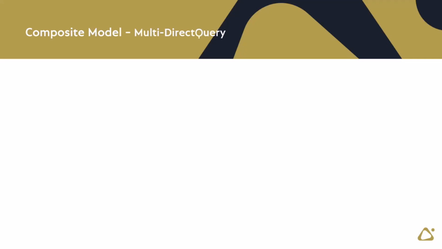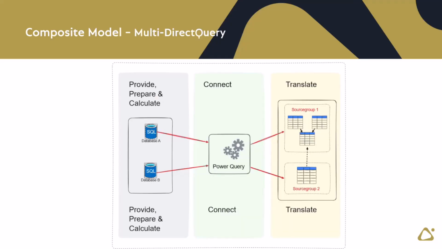As I mentioned before, direct query can only serve one data source per model. Therefore, you have to create a composite model if you have to combine multiple data sources in your model and you cannot import them. At first glance, this might look like a normal direct query model, but technically, it is a composite model since you are creating multiple source groups within that semantic model.